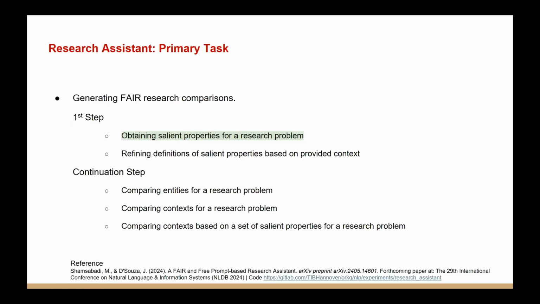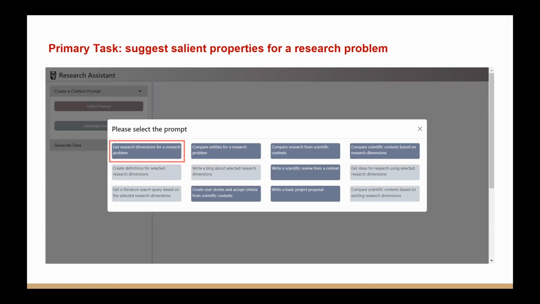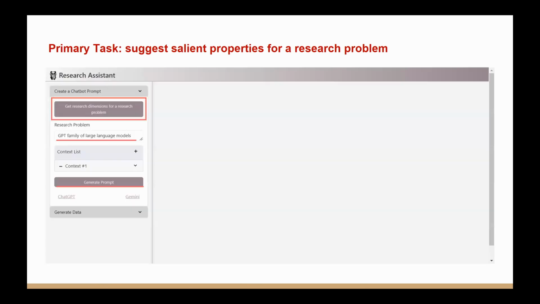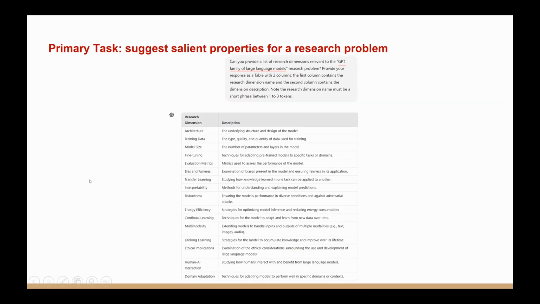Looking a bit more closely, so obtain salient properties for research. How would it work? First of all, we select the button, get research dimensions for a research problem. Then we get prompted for input fields. Here, this is entered as GPT family of large language models. Then we click on generate prompt, which is then pasted into ChatGPT, which then, as you can see, generates a list of research dimensions with their descriptions.